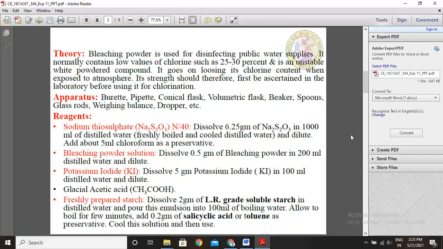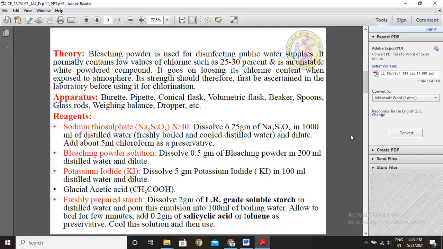It goes on losing its chlorine content when exposed to the atmosphere. Its strength should therefore first be ascertained in the laboratory before using it for chlorination. So remember, this is the basic concept and background of bleaching powder used in the experiment.